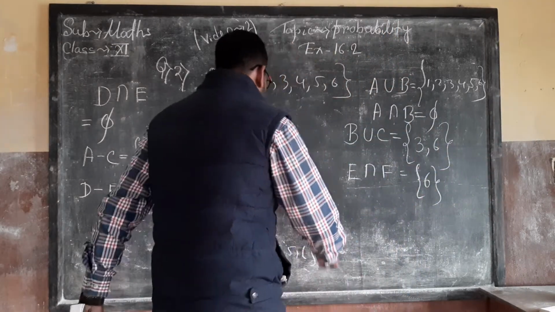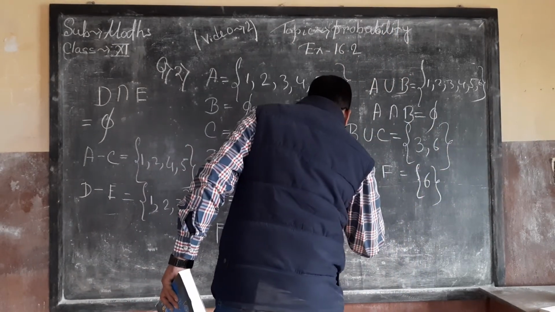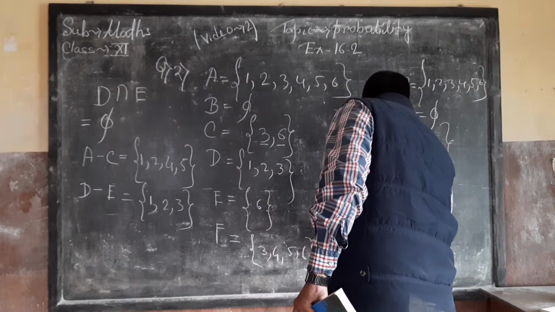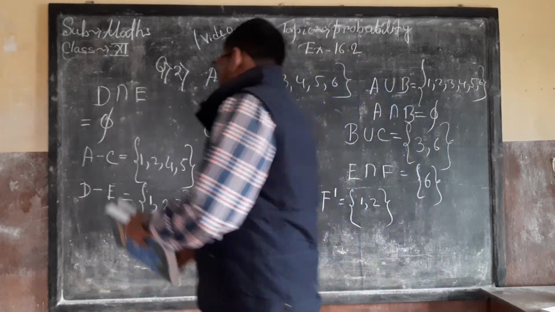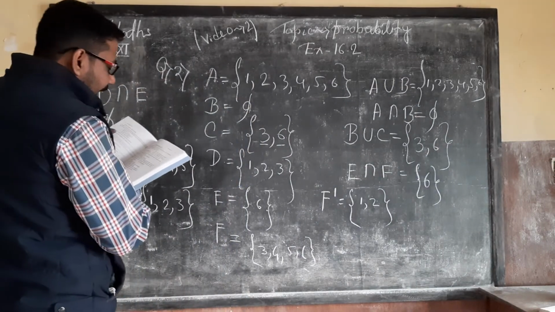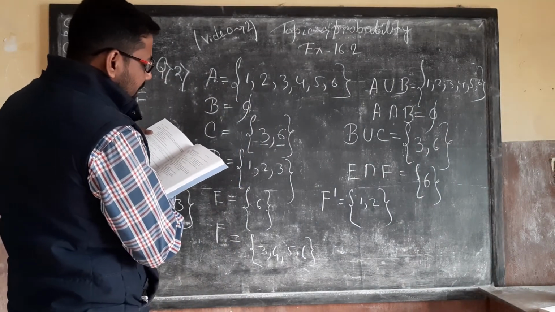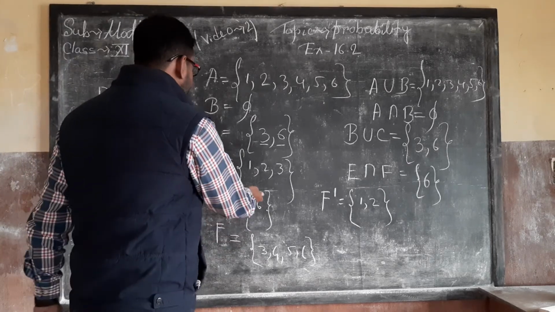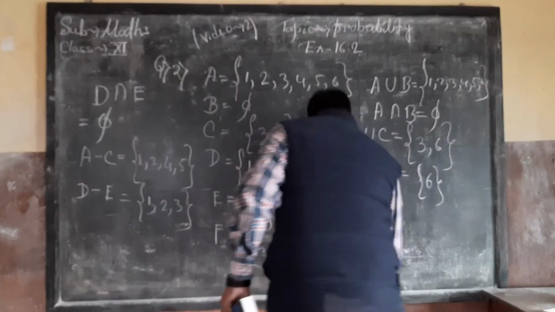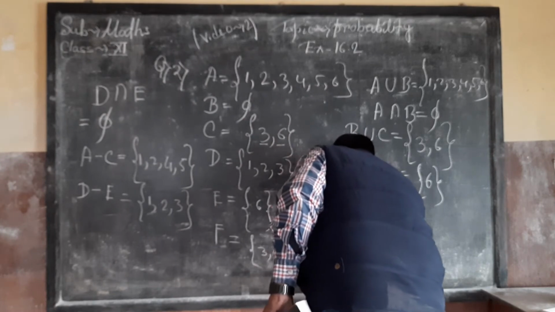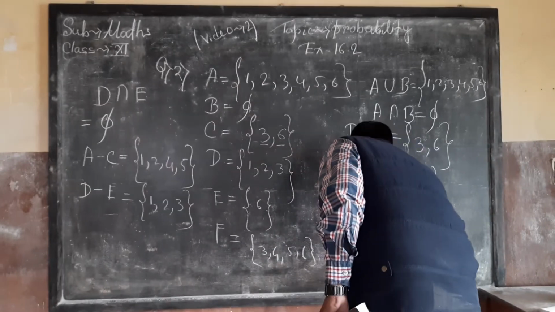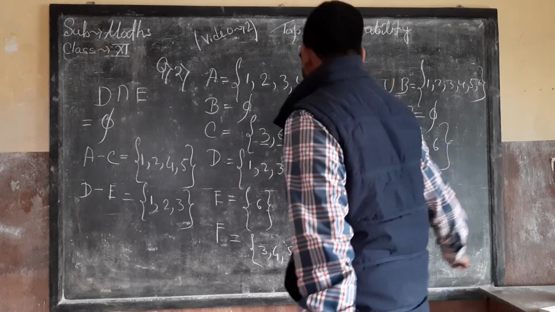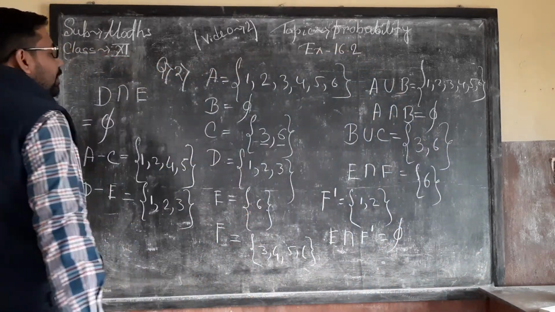That means F complement contains only 1 and 2. The question is to find the E intersection F complement. What is the value of E? The E intersection F complement also produces the null value because E contains only one element.